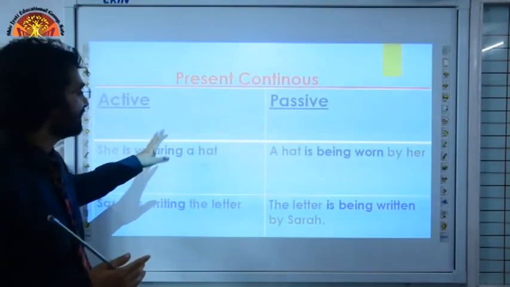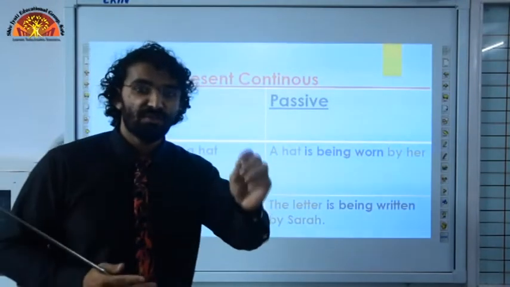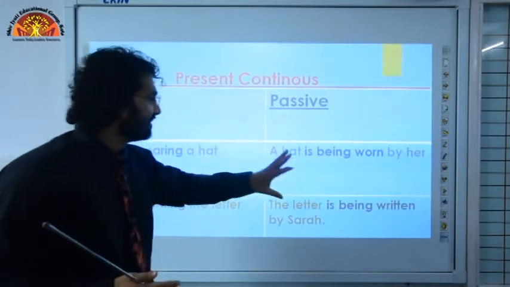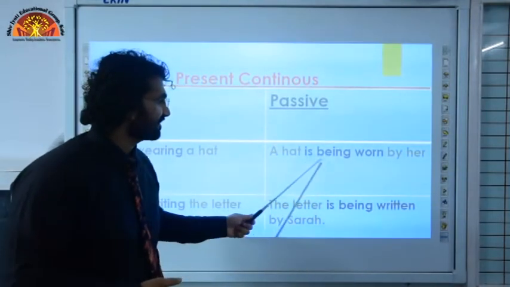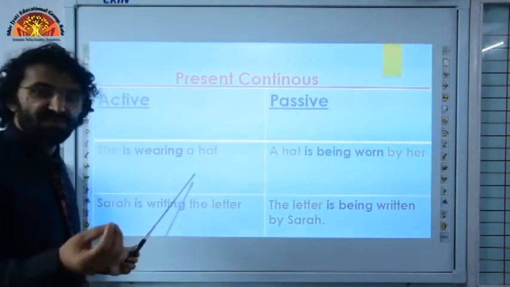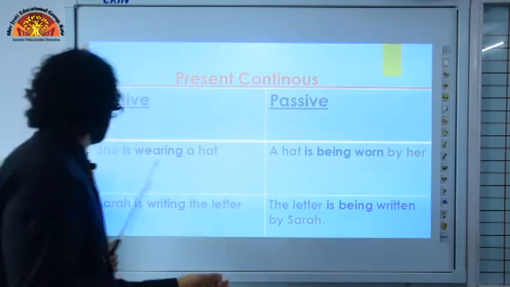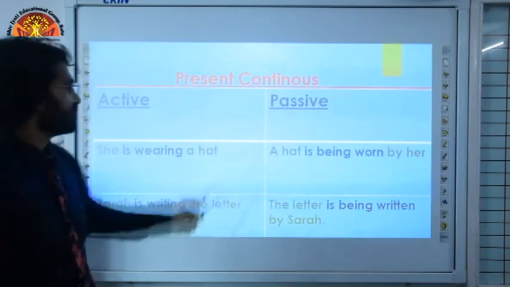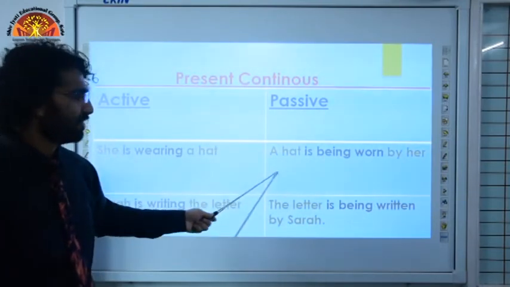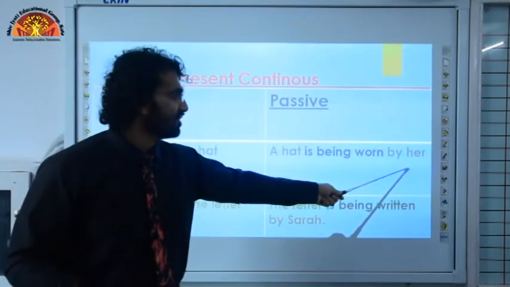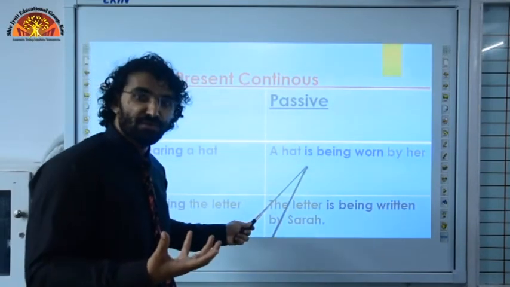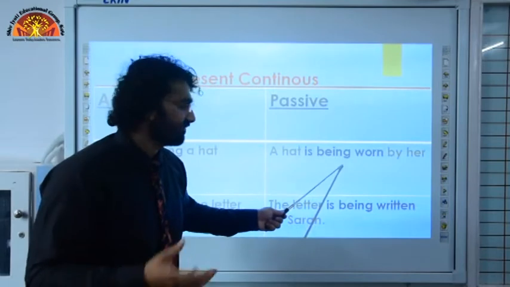In present continuous, this same rule will be followed. Alright? But there will be a slight difference here, which we will learn just in a while. She is wearing a hat, a hat is being worn by her. We have interchanged the places in passive. We've brought in a hat here and she became her, and then we brought in the helping verb and then being.